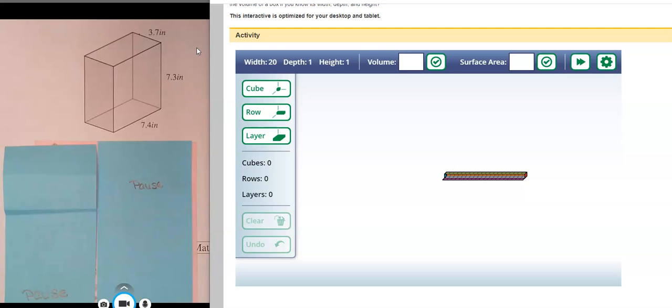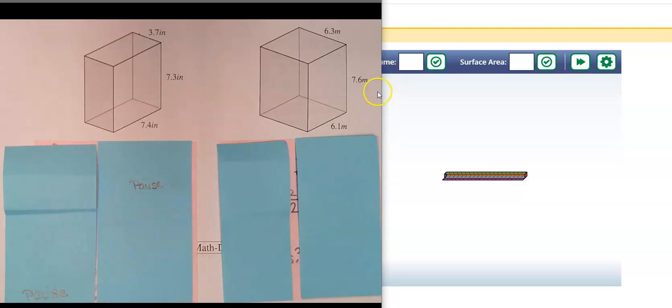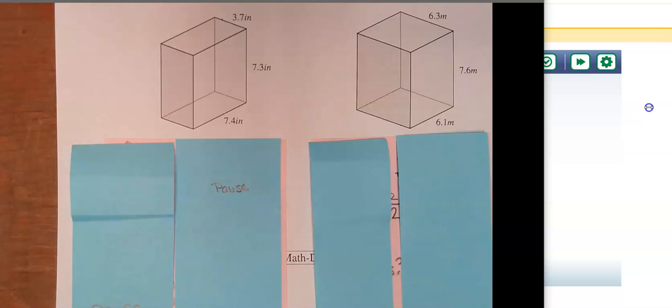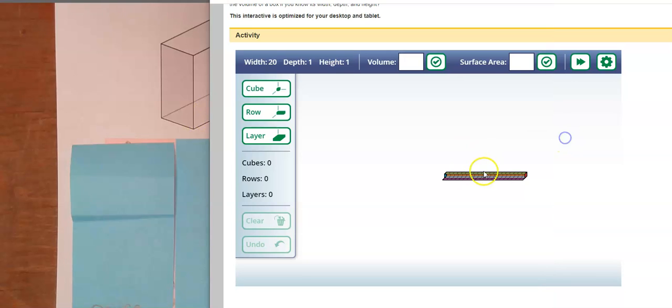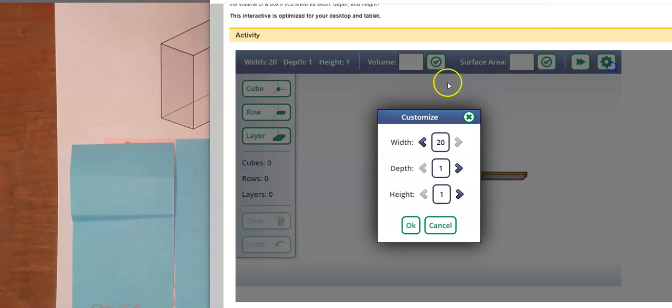Your graded assignment, though, is going to be to go with the idea that when you are finding volume, that means you are dealing with multiplication. And even though this is asking you to find volume, it's not showing you the individual cubes like this one did. Let's get this back to something reasonable. Actually, let's get it even smaller.